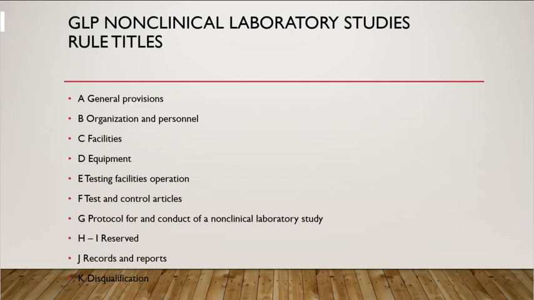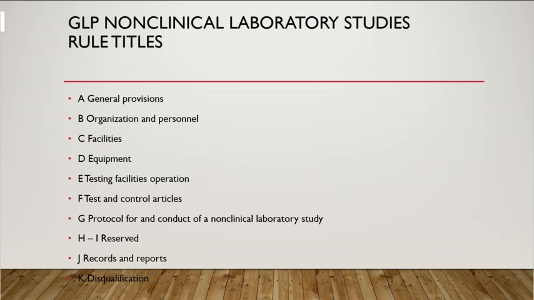You'll see it's pretty logical. They start out with general and then the organization and then facilities, and it gets more specific, and it goes down to K, disqualification. That may be hard to read down there on the floor of this slide. But these are the rule titles, and I'm going to talk a little about each of these as we go through.